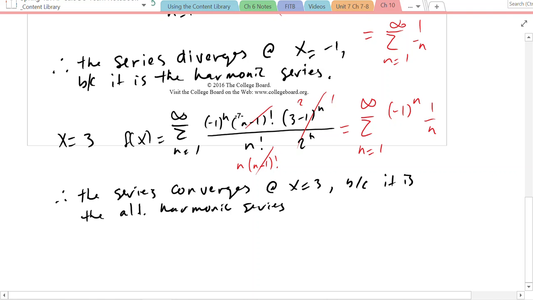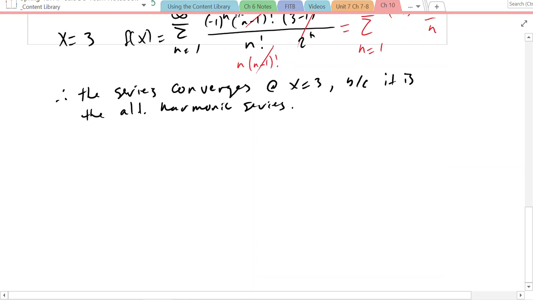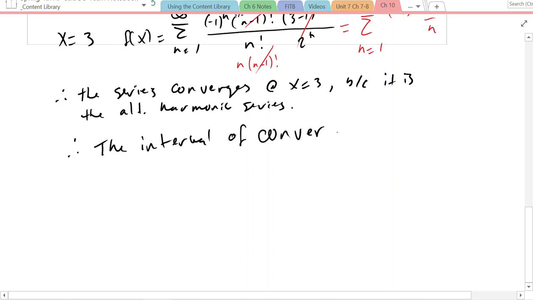And we now know, so therefore, the interval of convergence is negative 1 less than x less than or equal to 3. And we're done.